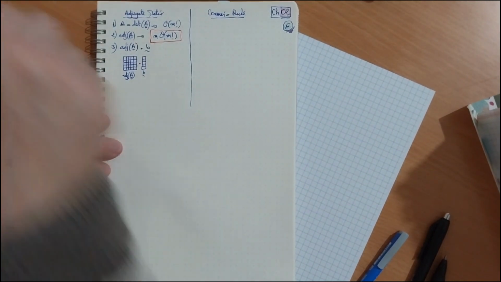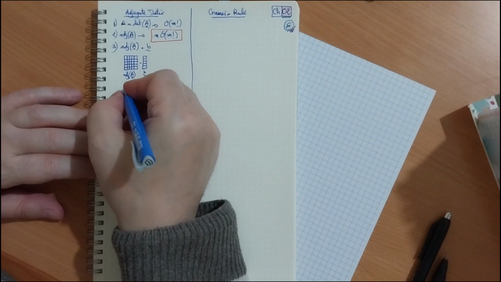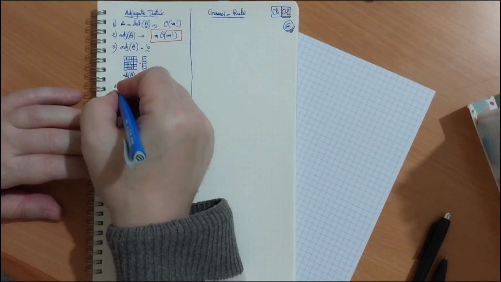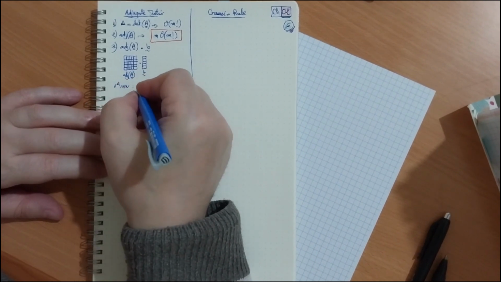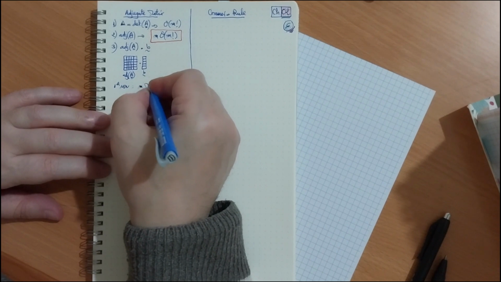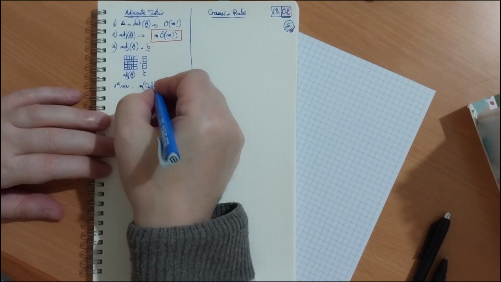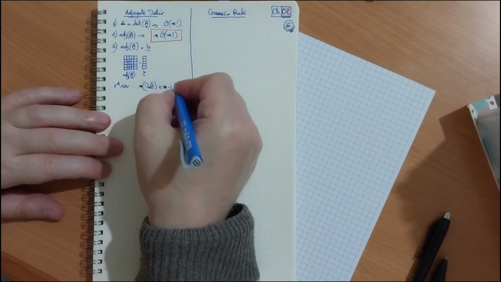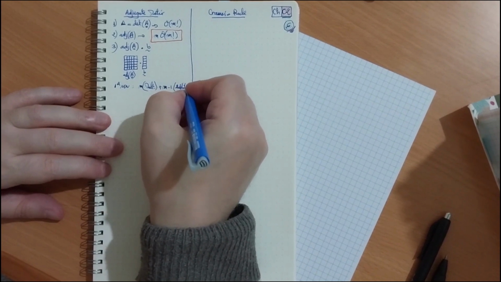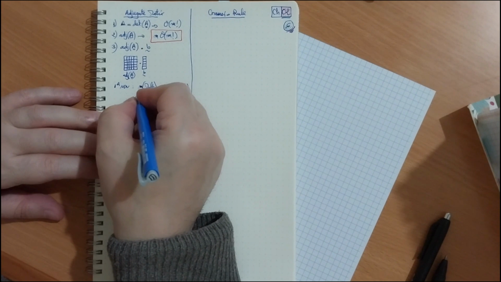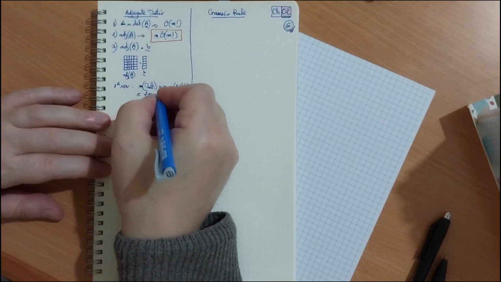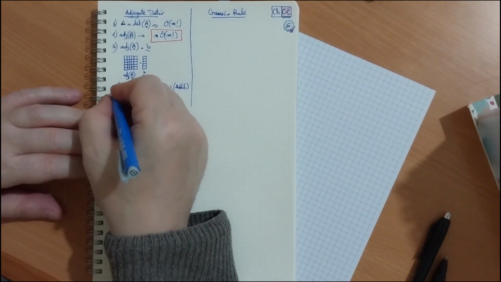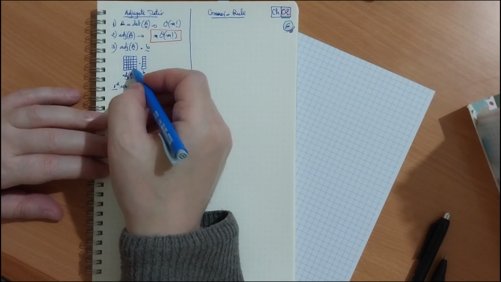So we have m multiplications and m minus 1 additions for the first row. That is 2m minus 1 for the first row, and we have m rows.